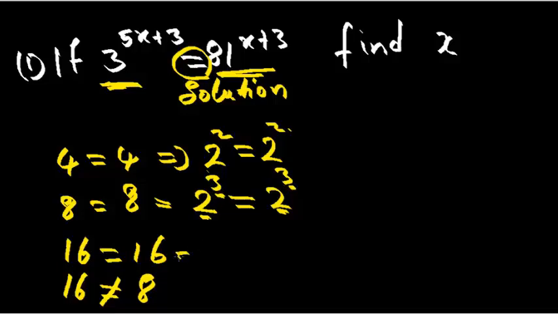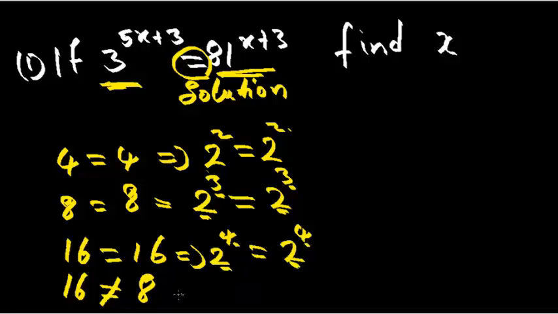Then for the 16, you have 2 exponent 4, that is 16, is equal to 2 exponent 4. And we see that in this place, the bases are the same, and then the indices are also the same.